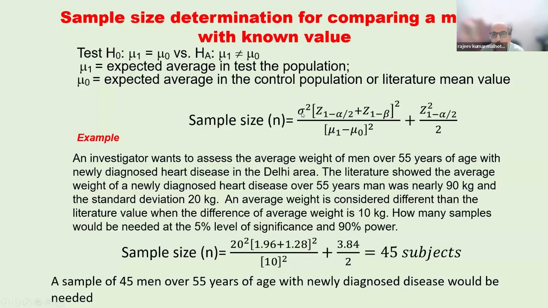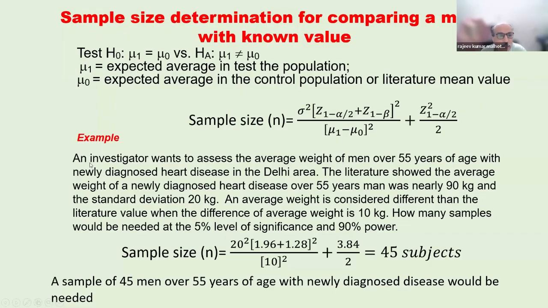If I divide by the standard deviation here, this portion will become my effect size. So in that case, you can put the value of effect size in this formula also.